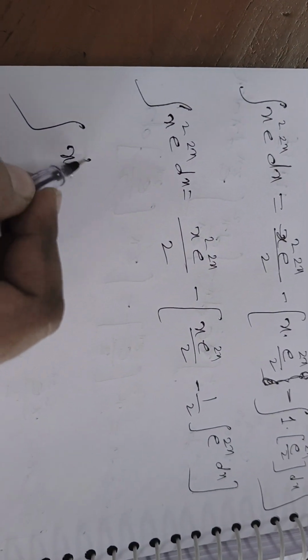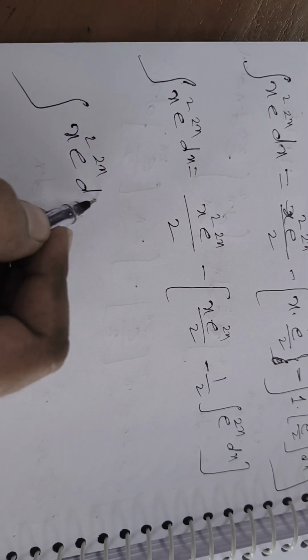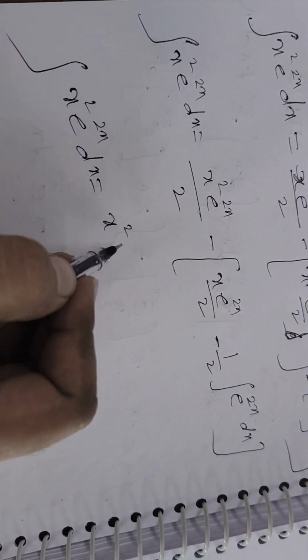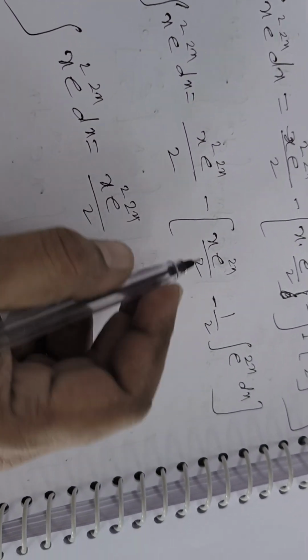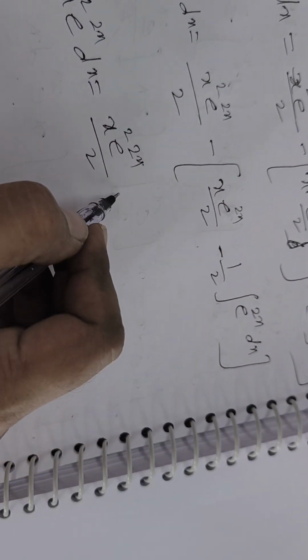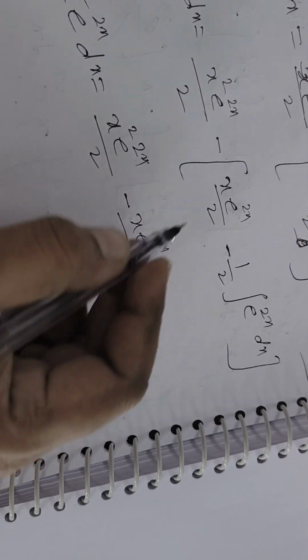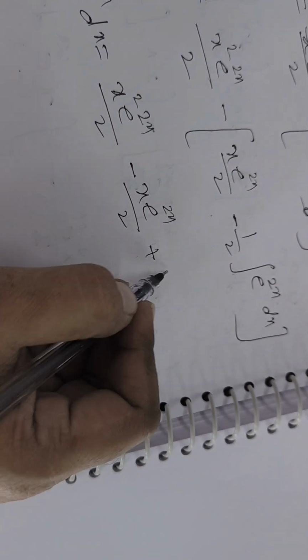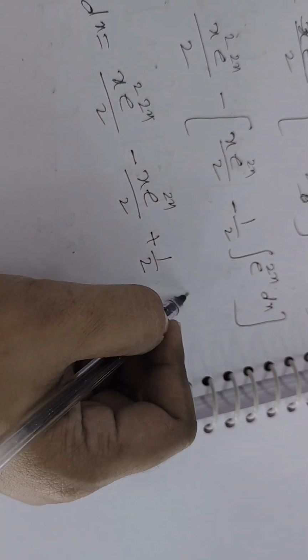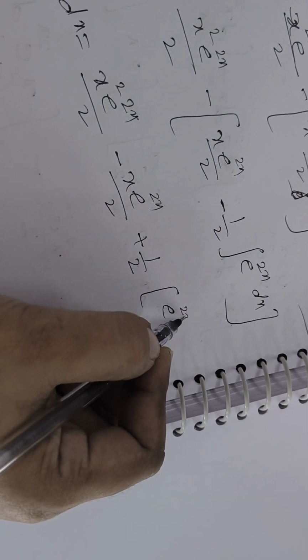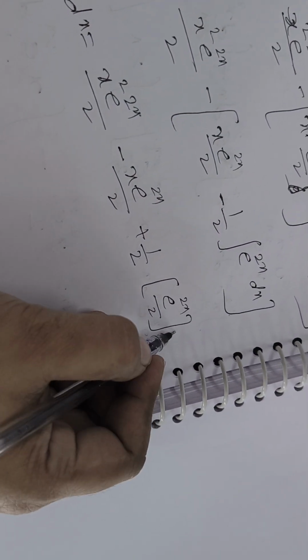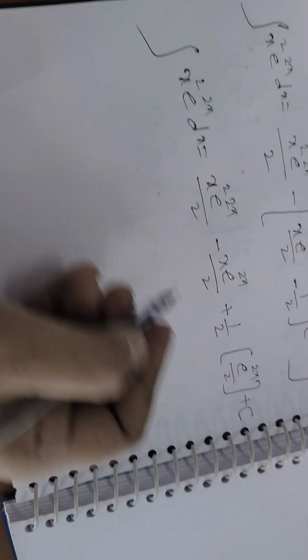When we open the bracket it is minus x e to the power of 2x by 2, and minus into minus is plus, this is 1 by 2. Again the integration of this term is e to the power of 2x by 2, plus the constant of integration c.